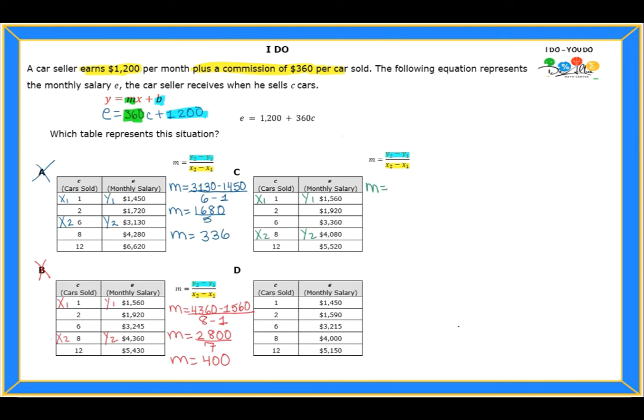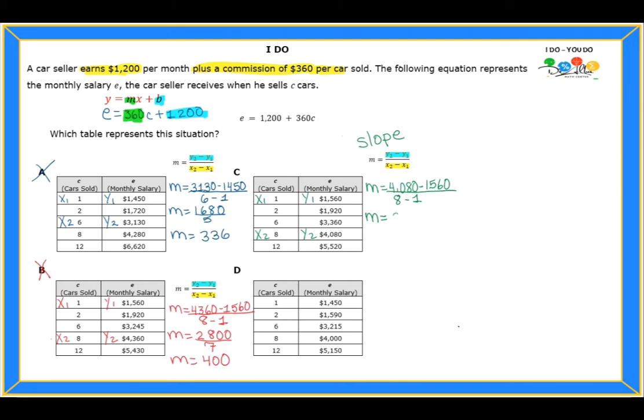Okay? So let's follow the formula. So slope, remember, this is to find slope, just in case we forgot that m means slope. Y sub 2 is 4,080 minus 1,560. Again, I'm just following the numbers from the labels, right? X of 2 is 8. X of 1 is 1. Okay? So let's go ahead and subtract.